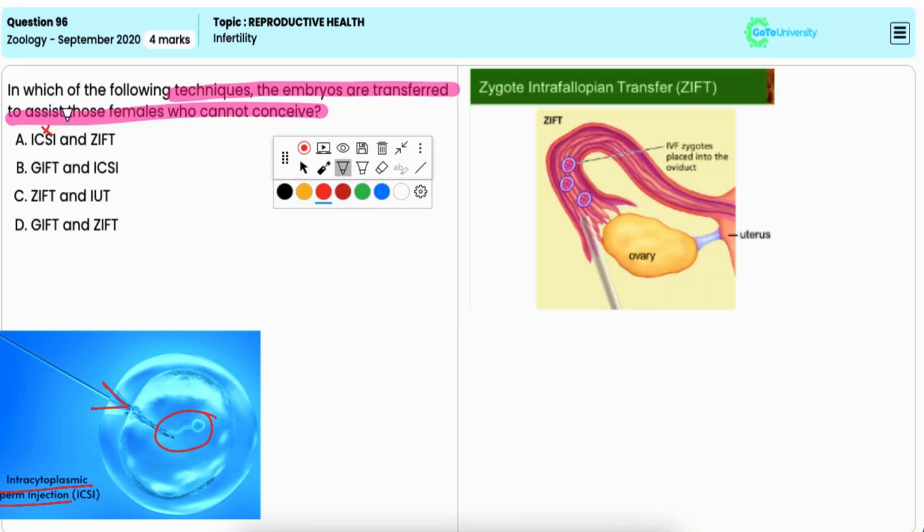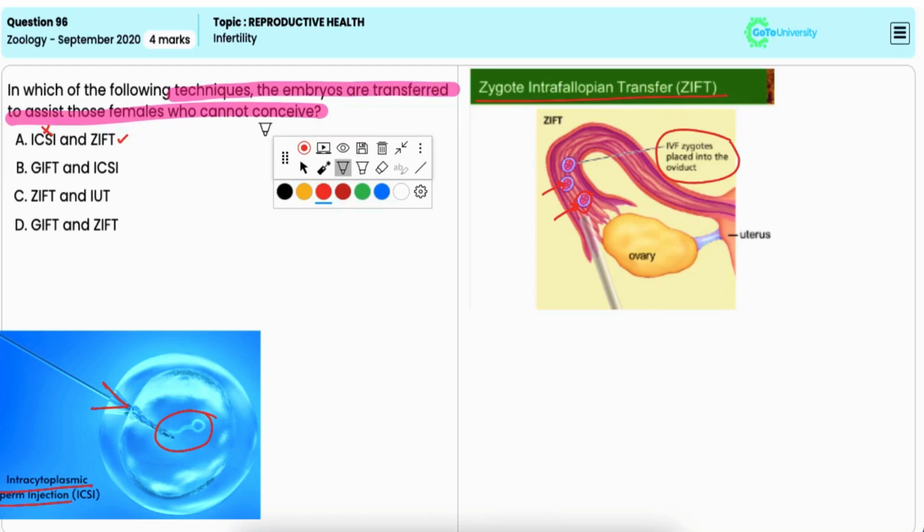And zygote intrafallopian transfer, that is ZIFT, involves transferring a zygote into the fallopian tube, which can assist in conception. So it is incorrect because ICSI is not an embryo transfer technique.